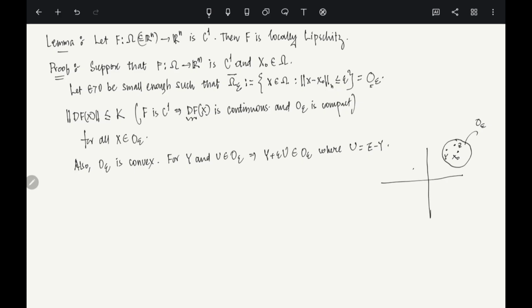You start with any two points y and z, and then the line segment joining y and z should be in O epsilon, because O epsilon is convex. Sorry, line segment, not line.